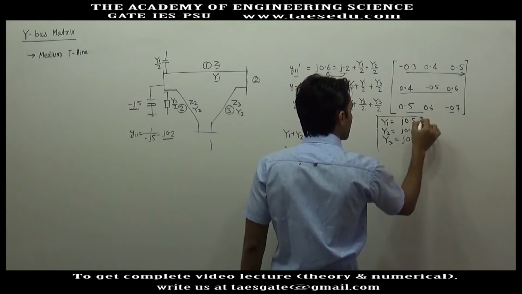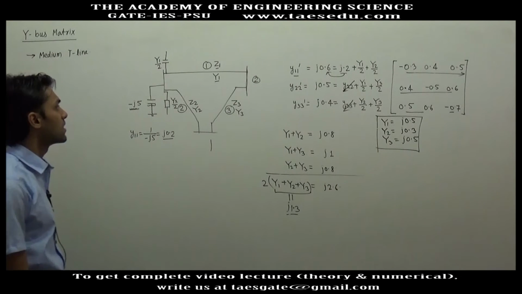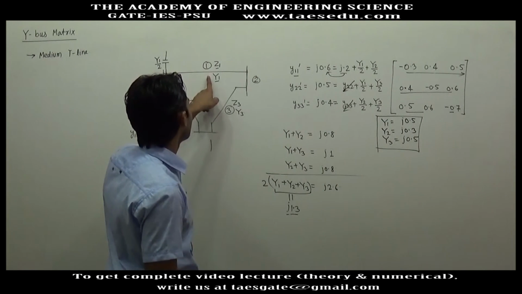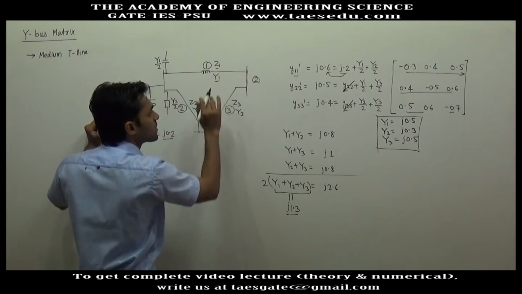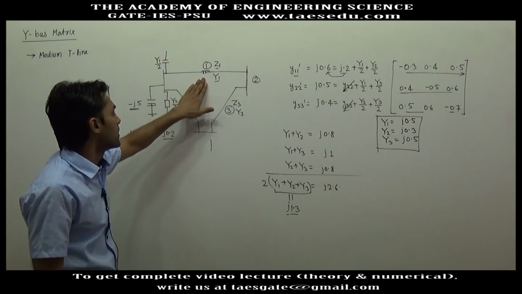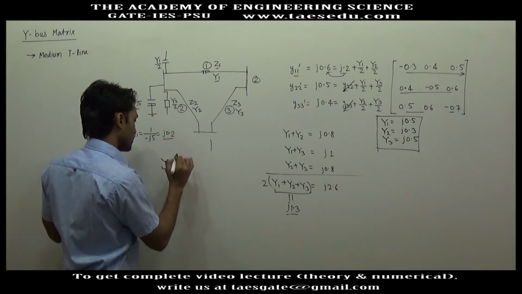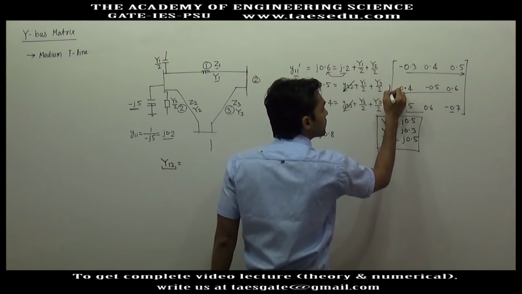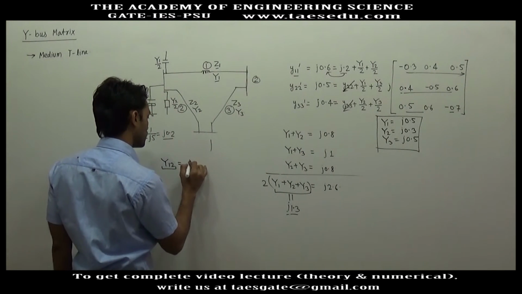Okay, so we have the shunt part of all the transmission lines, and finding the series part is very easy. If you want to find the series part, this will correspond to capital Y12. You will find capital Y12 from the matrix. Here you will have j 0.4.